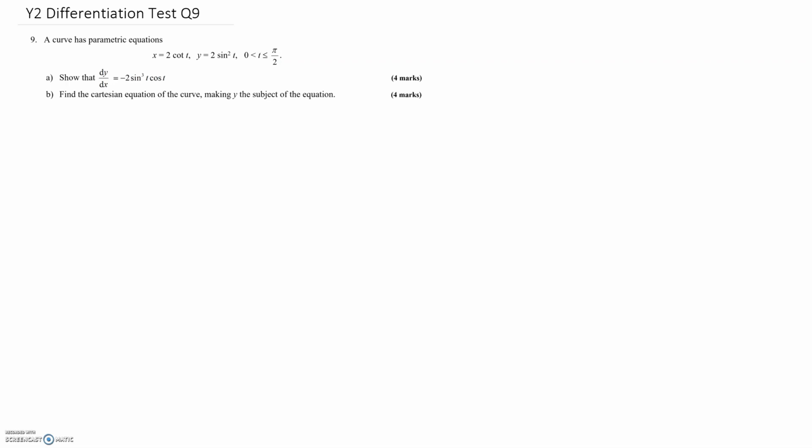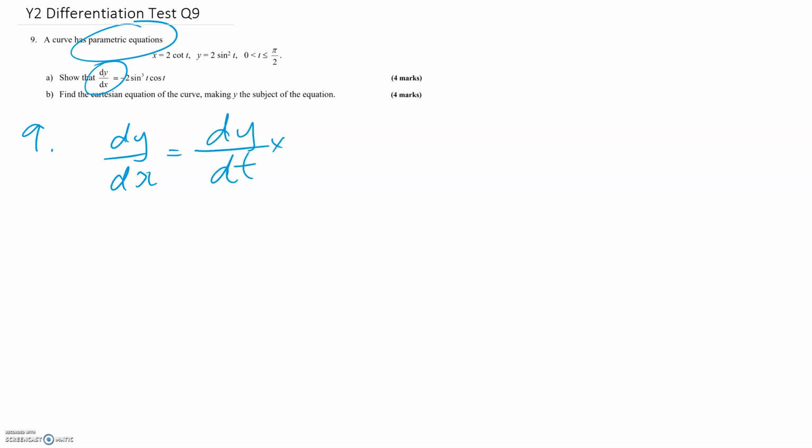Okay, question 9, last question in the differentiation test, and it's parametric equations, and we've got to differentiate them. So we need to find dy by dx, but that is the same as doing dy by dt times dt by dx, which is just the chain rule.